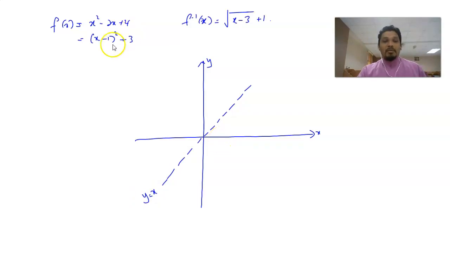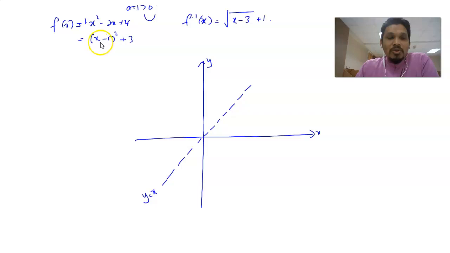Now from this equation, x minus 1 squared plus 3, first look at this one here. In the form of ax squared plus bx plus c, a equals 1, which is greater than 0, so the graph will smile, something like this. From this equation, it tells us that when x equals 1, y equals 3, and this is the coordinate of the minimum point.